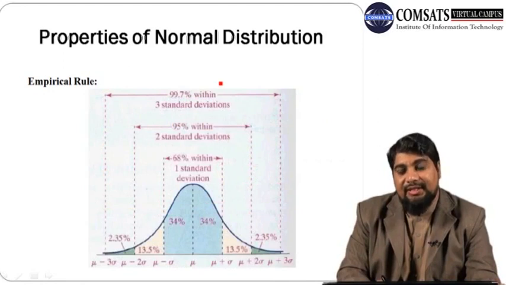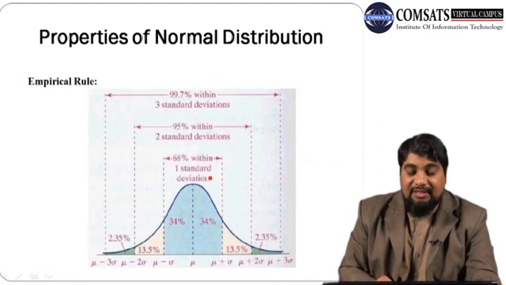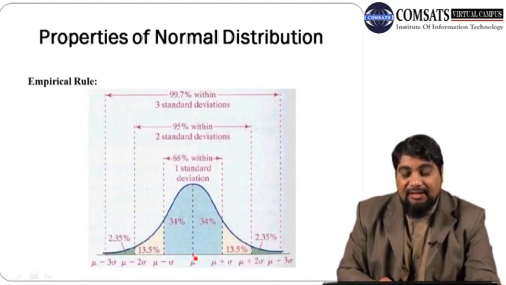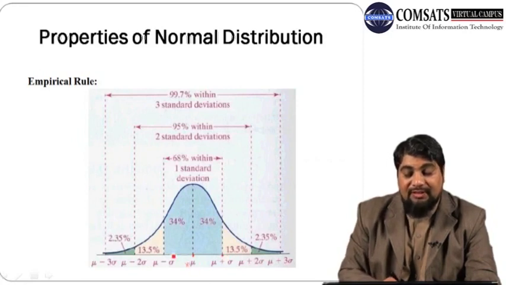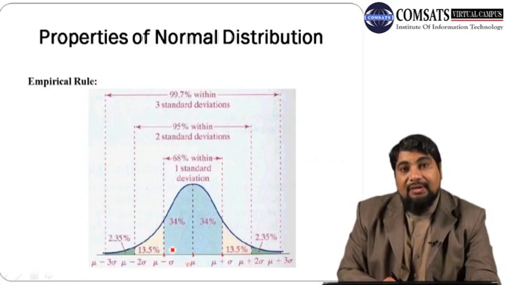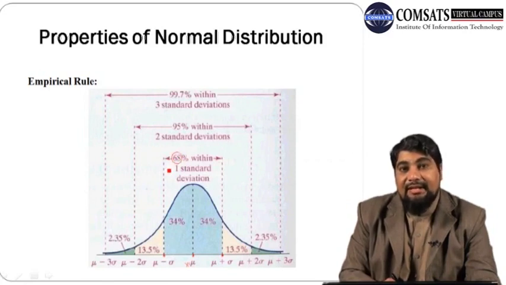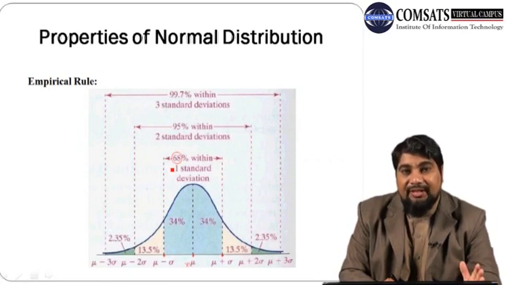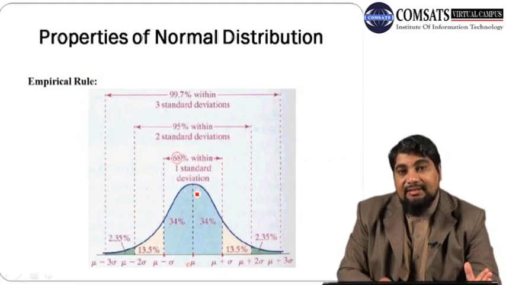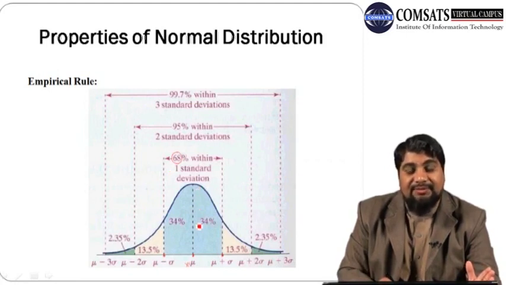So here is the in-depth analysis of the same three rules. So you can see that here is the mean, or x equals its mean, and this is mu plus sigma and this is mu minus sigma. So by the empirical rule, we know that the probability between the two is 68%. So since normal distribution is a symmetric curve, this middle line divides the distribution into two equal parts.